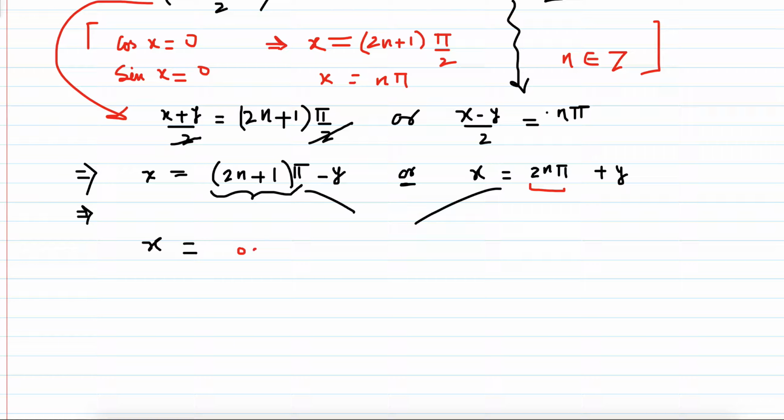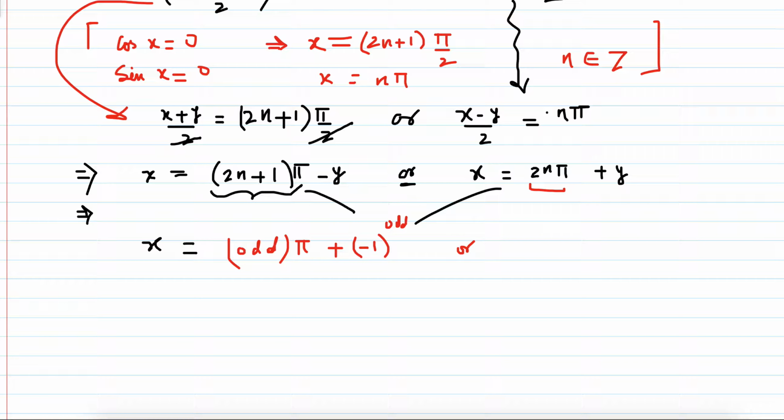So if an odd multiple of pi is there, y becomes minus. So minus 1 raised to the power of some odd number is minus 1.